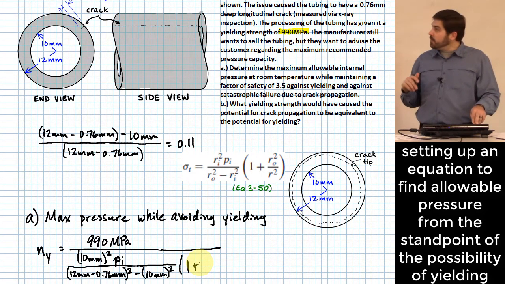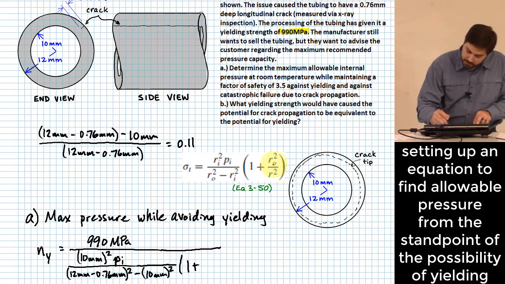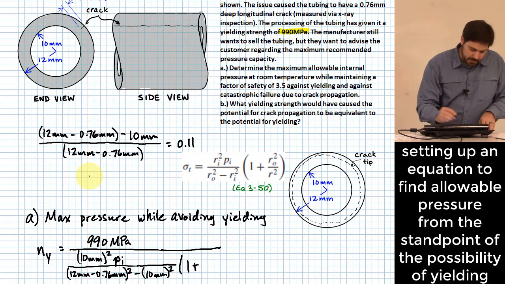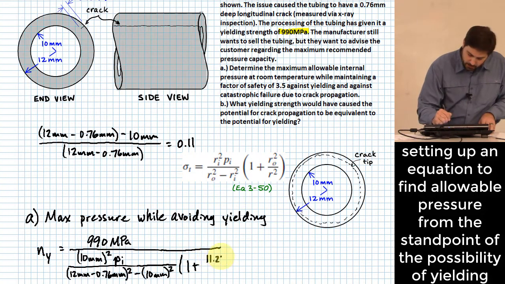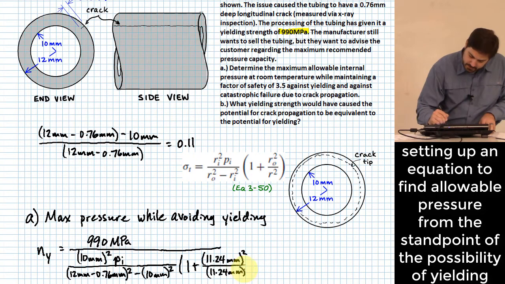So I agree with that, and so what you'd end up with there is actually that's the value you'd use for both of these R's, right? Which, by the way, I can keep writing it this way, but it turns out to be 11.24 millimeters, okay? That would be that squared over 11.24 millimeters squared.